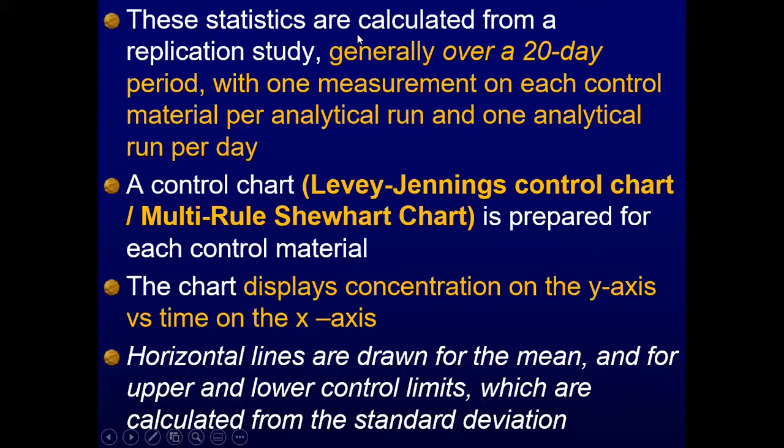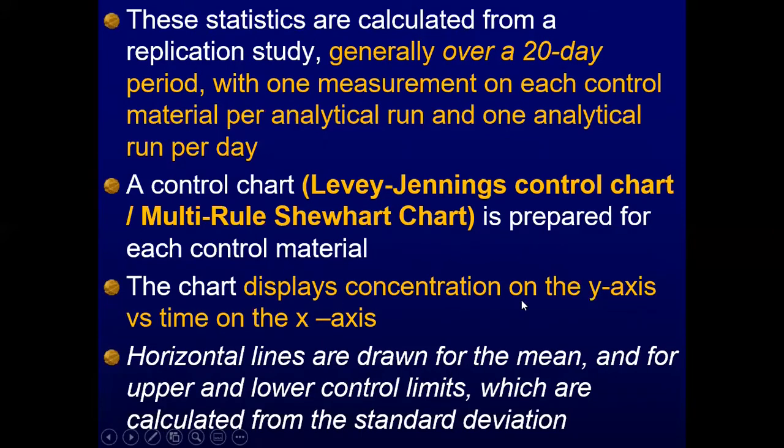The statistics are calculated from a replication study, generally over a 20-day period, with one measurement on each control material per analytical run and one analytical run per day. So after obtaining these 20 results, we can obtain mean and standard deviation, and using the mean and standard deviation a control chart, also known as Levey-Jennings chart or multi-rule Shewhart chart, is prepared for each control material.